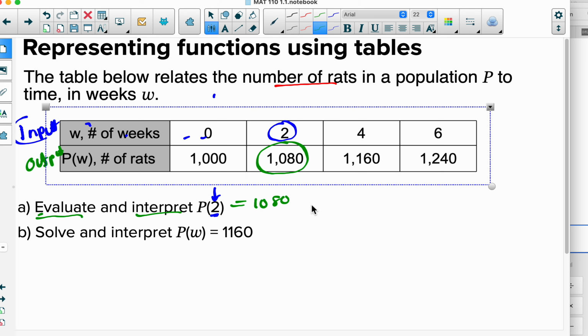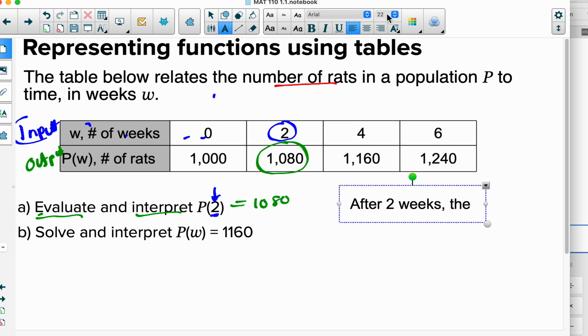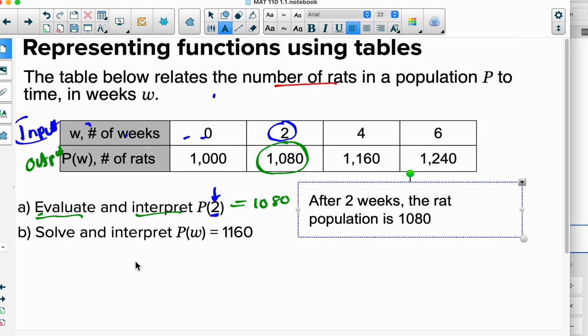So if I want to interpret that, I would say, because my inputs represent weeks, after 2 weeks, the rat population is 1080. That's how I would interpret that first part.